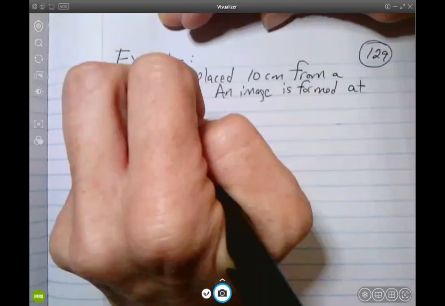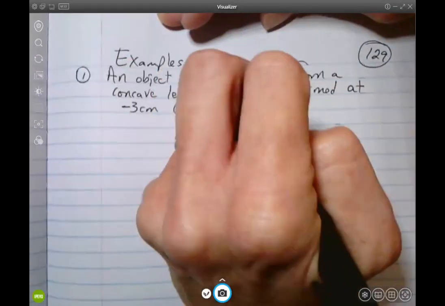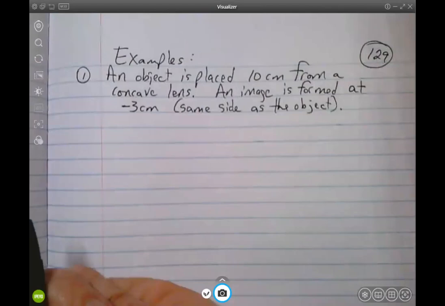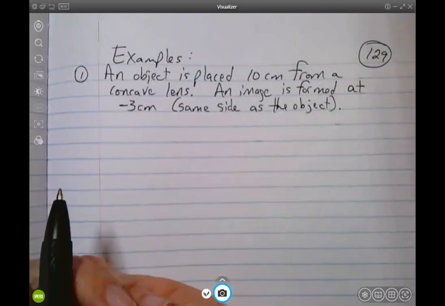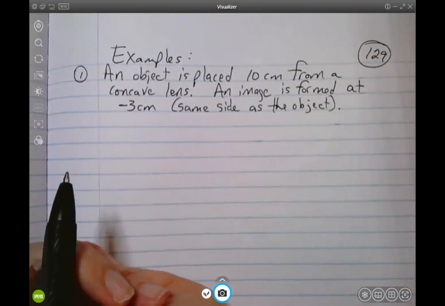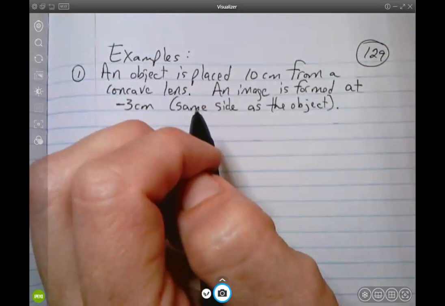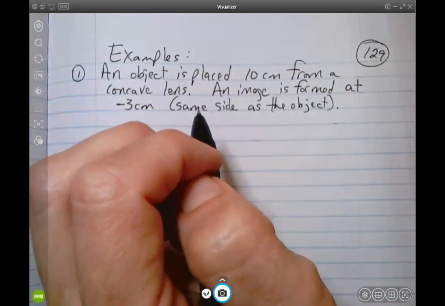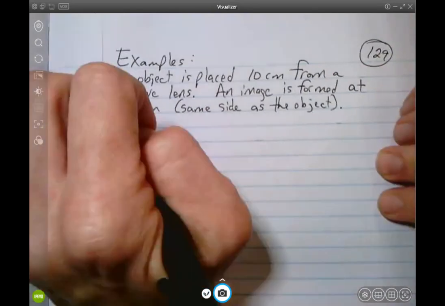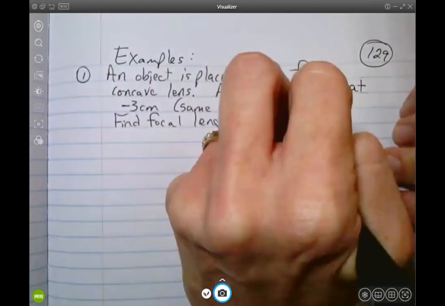In other words, it's on the same side as the object. All right, we want to find focal length and magnification.